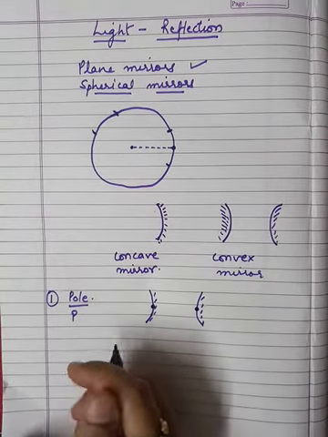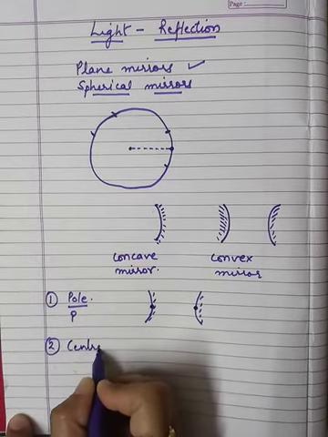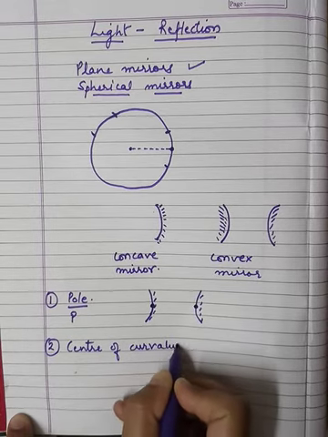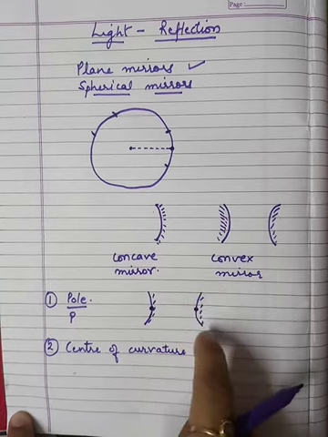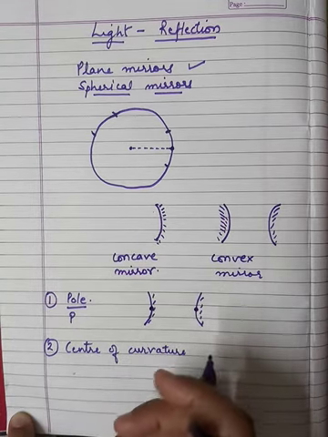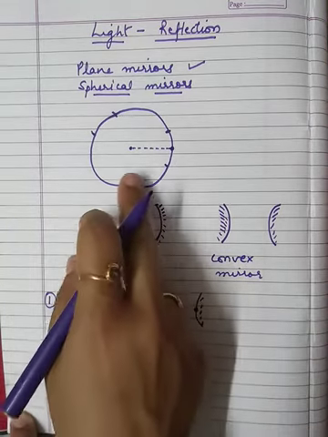The second important parameter is the center of curvature. Curvature is the curved surface. These are both curved, so which center is the center of curvature? It can be understood with the help of this diagram.